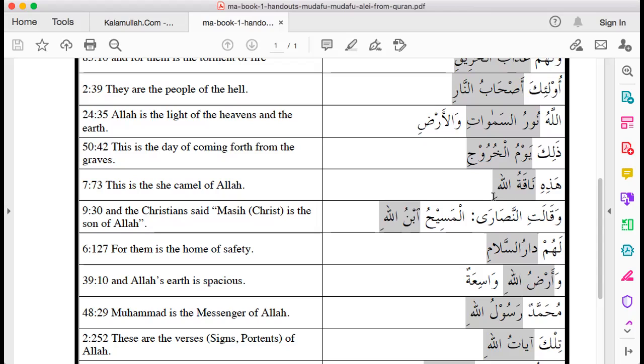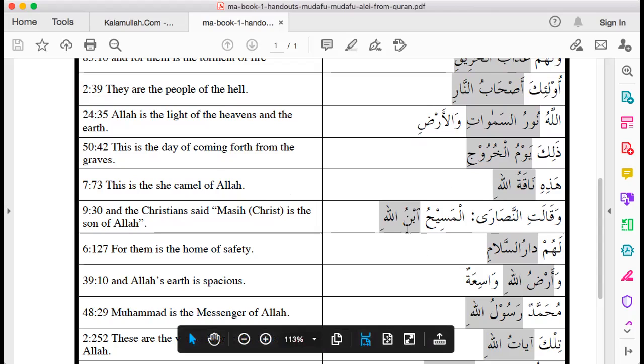Naqatullahi, this is camel of Allah. Ibnullahi, son of Allah. Darus salami, home of safety. Ardullahi, right? This is earth of Allah. Wasi'atun is spacious. This is an idafa construction.